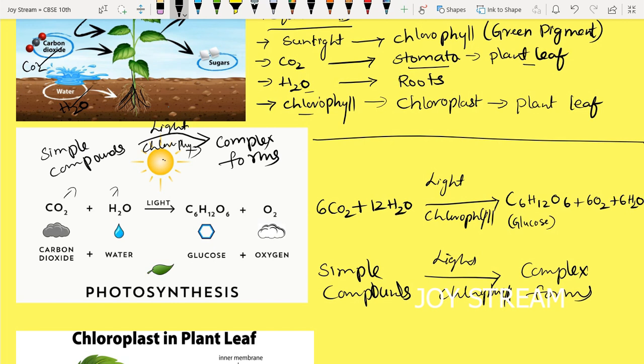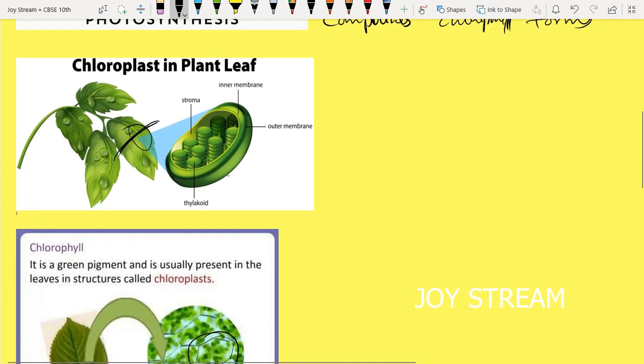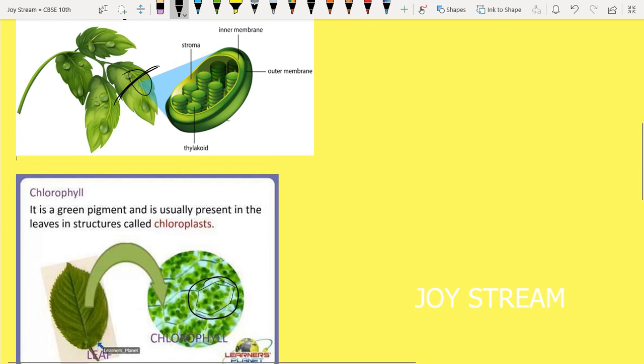So, let's discuss in a little bit detailed way. So what happens in the first step? The sunlight is absorbed by the chlorophyll.